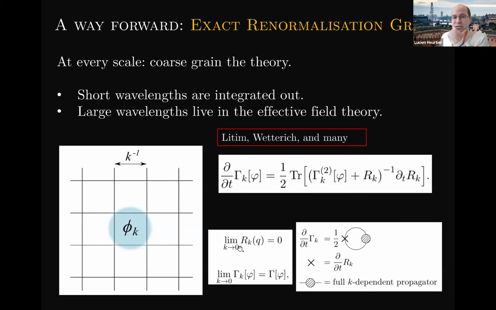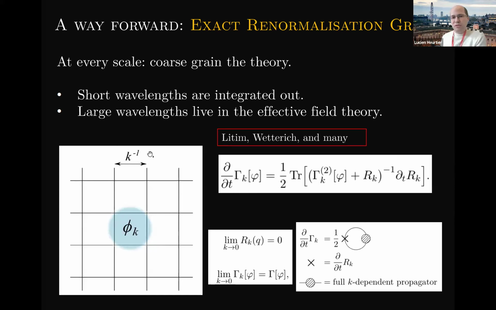And so once you do that, you can obtain a flow equation for your effective action, and that's the nice element. Here t is the logarithm of the cutoff k, so t and k are basically the same thing. You obtain a flow equation which tells you how your effective action evolves with the size of the coarse graining.